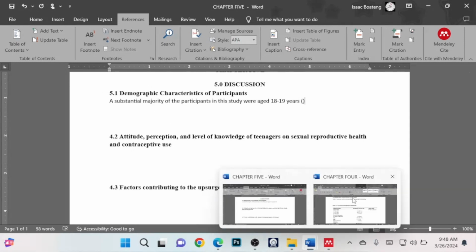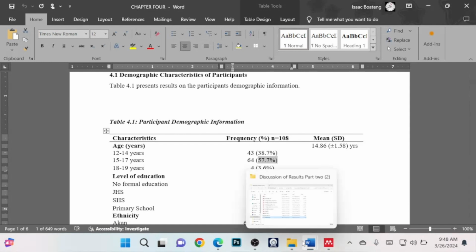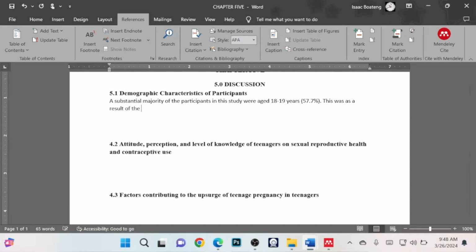Then I copy the percentage here, only the percentage is needed. Then I put the percentage there like this, as you see. So a substantial majority of the participants in this study were aged 18 to 19 years. This was as a result of the inclusion criteria.